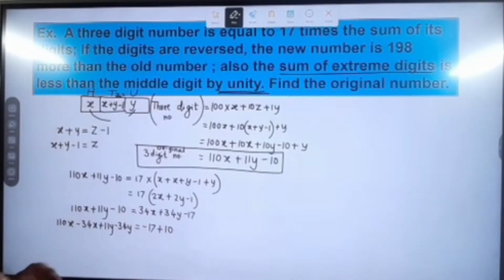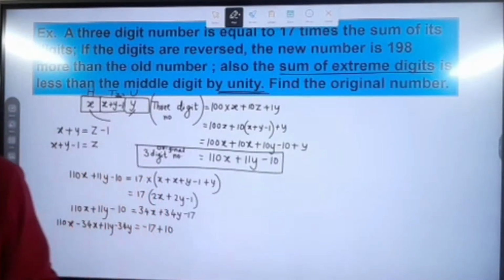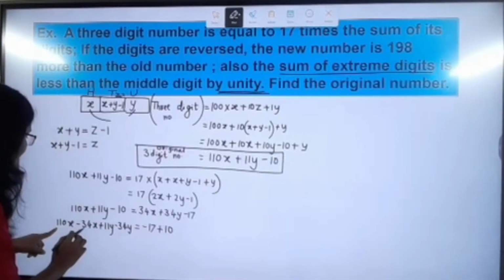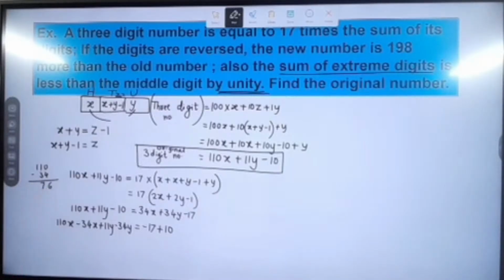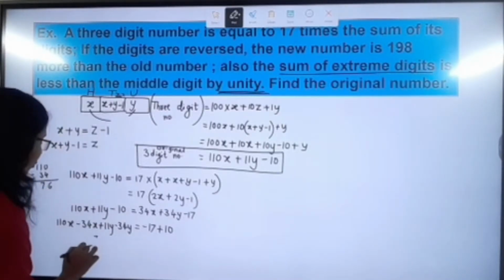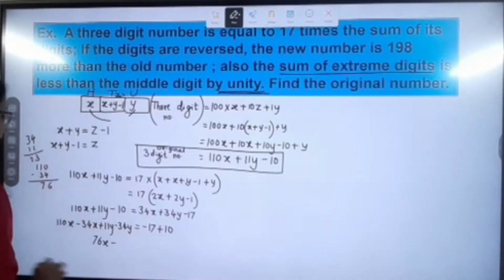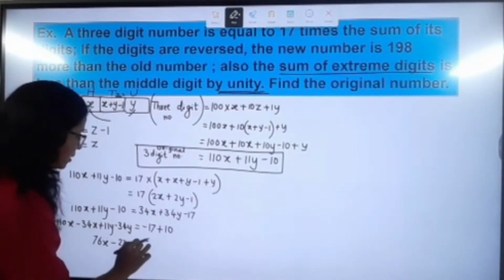Shifting the variable terms to one side, 110 minus 34 is 76, so 76x, and 34 minus 11 is 23, so minus 23y is equal to minus 7.